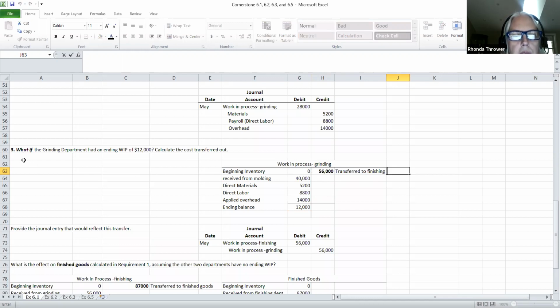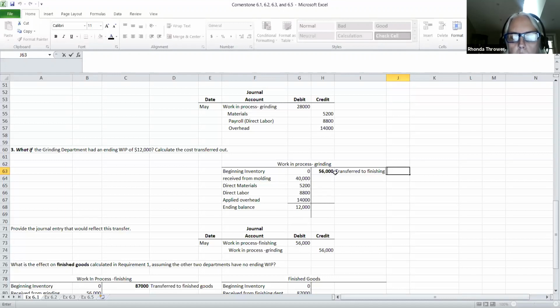Then in that what if analysis, they wanted you to provide the journal entry that would reflect this transfer. So we're still transferring this amount to the finishing department. So we got to debit the work in process finishing department for $56,000 if we had an ending balance in our work in process account.